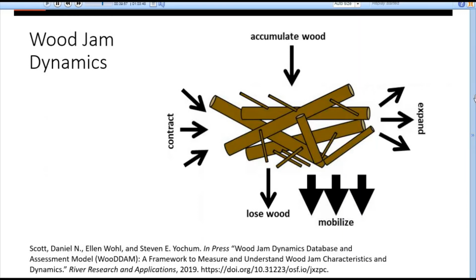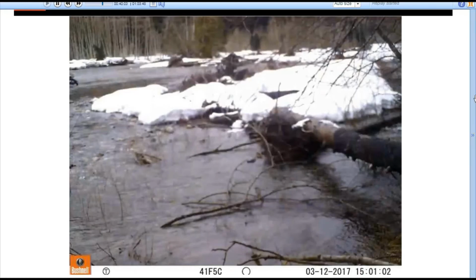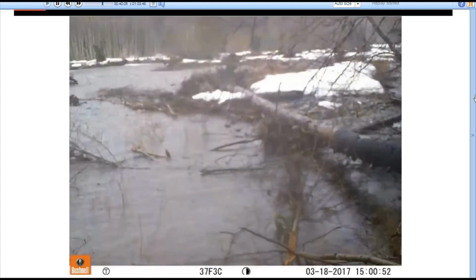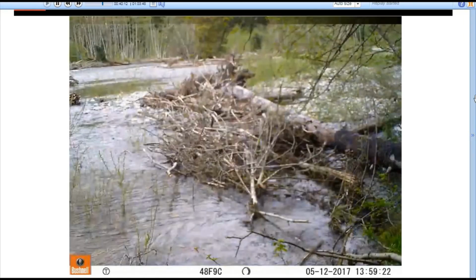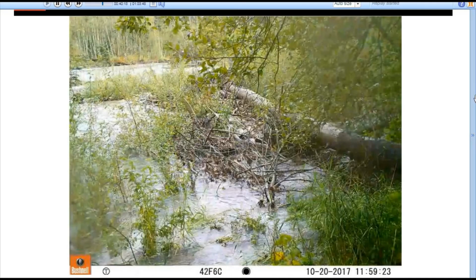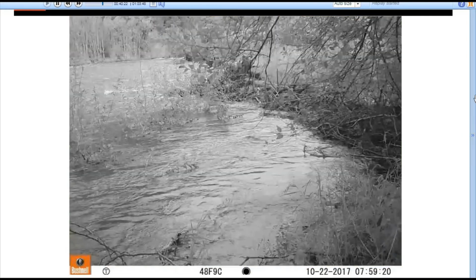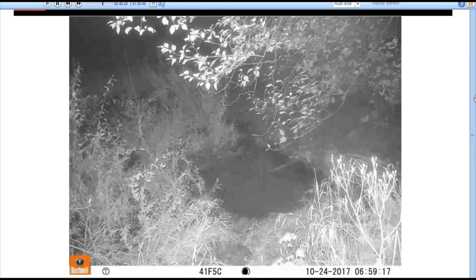I like this figure because I drew it, but I think it's much clearer to show this in a time-lapse video. This is a jam out here on the South Fork Snoqualmie River. You'll see it, over the course of a bunch of high flows, start to accumulate wood. The porosity of this jam, or its ability to let water through it, its permeability, will decrease through time as it starts to rack more wood, and then during a high flow it will partially mobilize and rotate downstream.